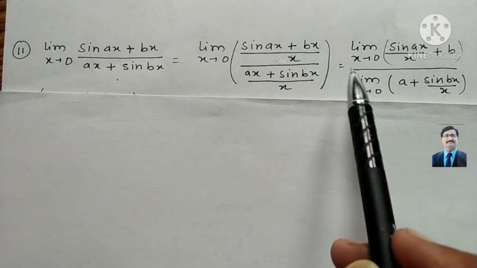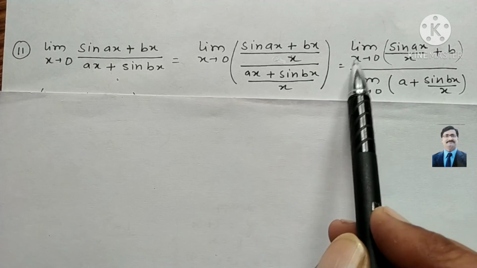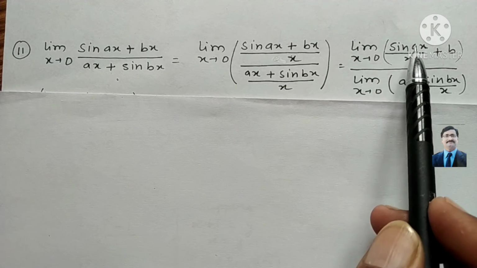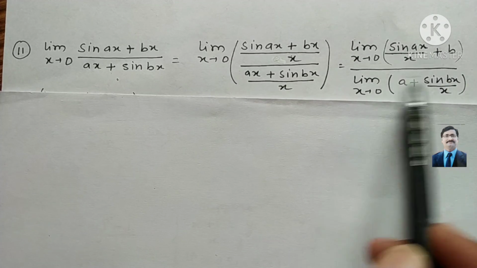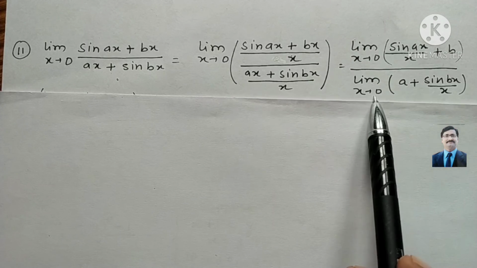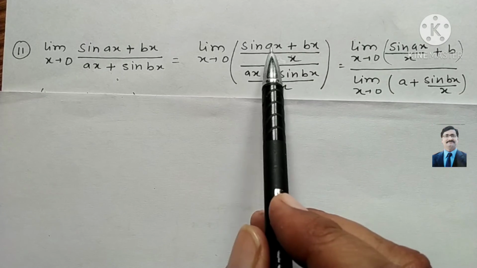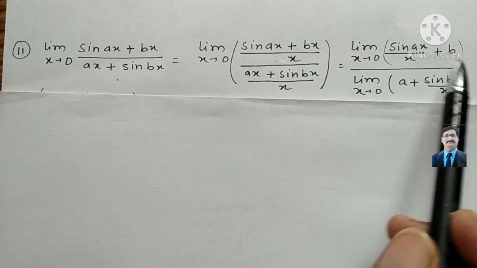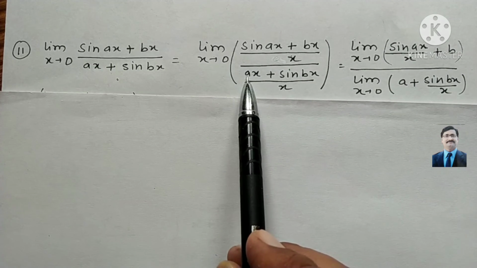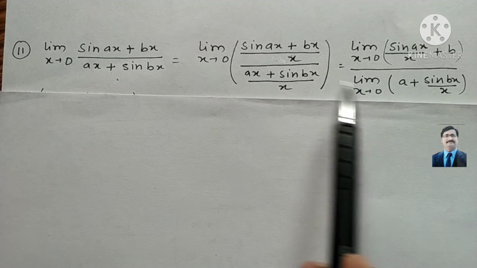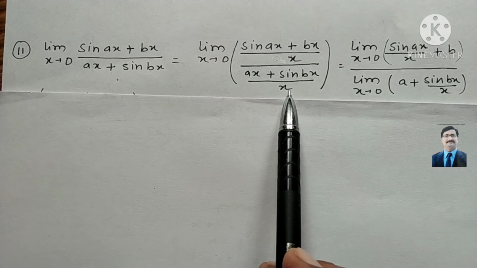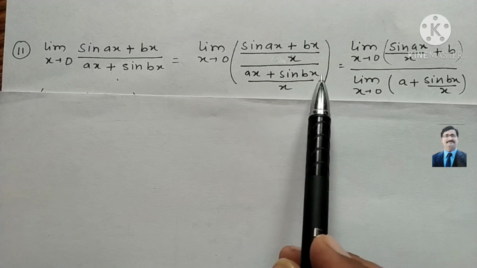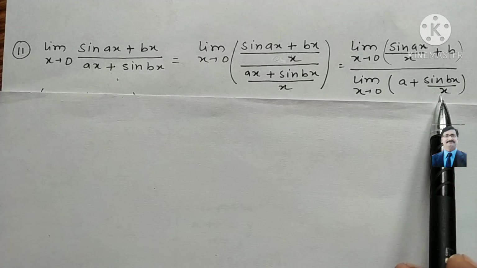Now we will separate the numerator, limit x tends to 0 of sin ax upon x plus b, and in the denominator also we separate. Look, this sin ax upon x we divide by x, we get sin ax upon x, and bx divided by x we get b only. Here also in the denominator, when we divide ax by x we get a only, and sin bx divided by x we get sin bx upon x.